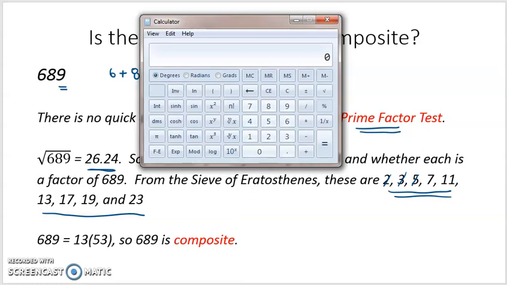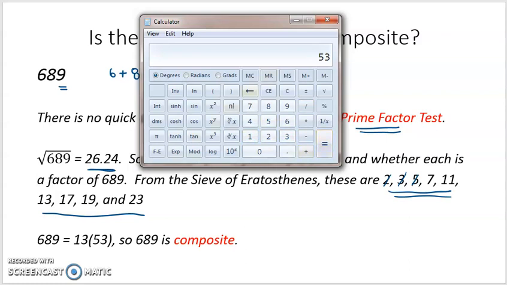So for example, 11. Is 11 a factor of 689? Take 689, divide by 11, and that equals 62.63. In other words, 11 does not go into 689 evenly. So 11 is not a factor of 689. We could rule that one out. Let's try the next one, 13 on our list. 689 divided by 13 equals 53.